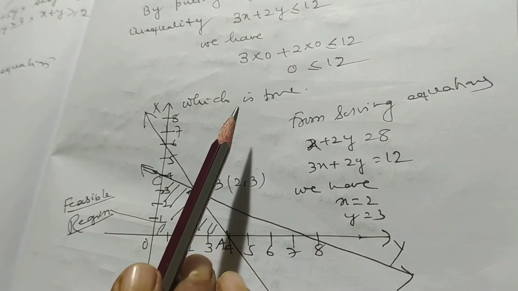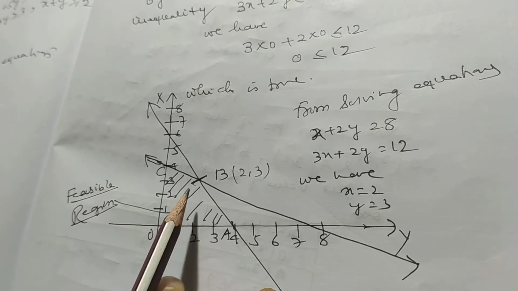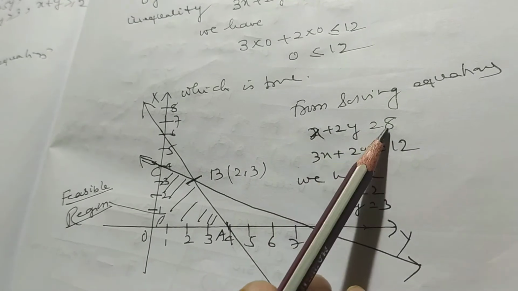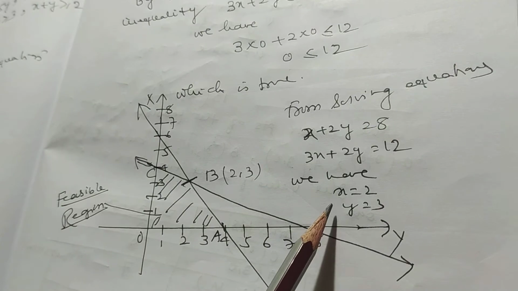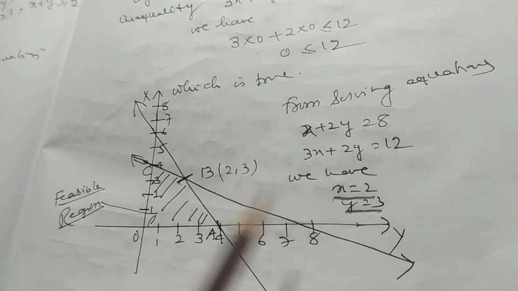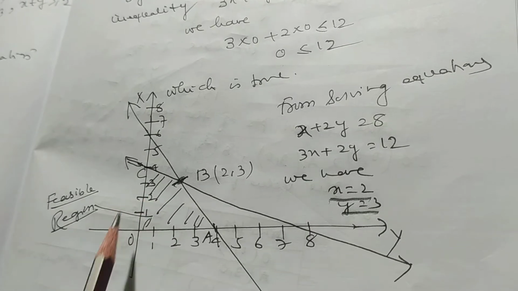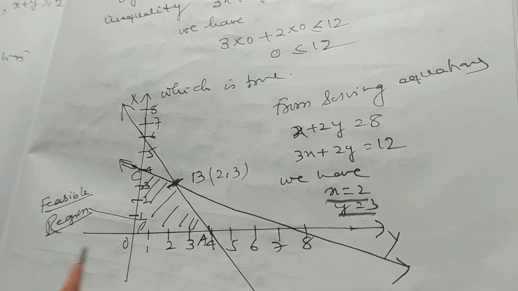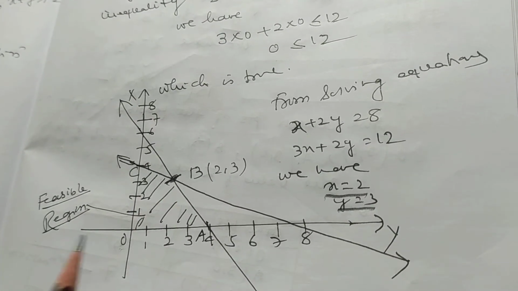So in both the inequalities, the origin will lie. Now from solving x plus 2y is equal to 8 and 3x plus 2y is equal to 12, we have x is equal to 2 and y is equal to 3. This is point B. So now this is the feasible region O, A, B, C, O.